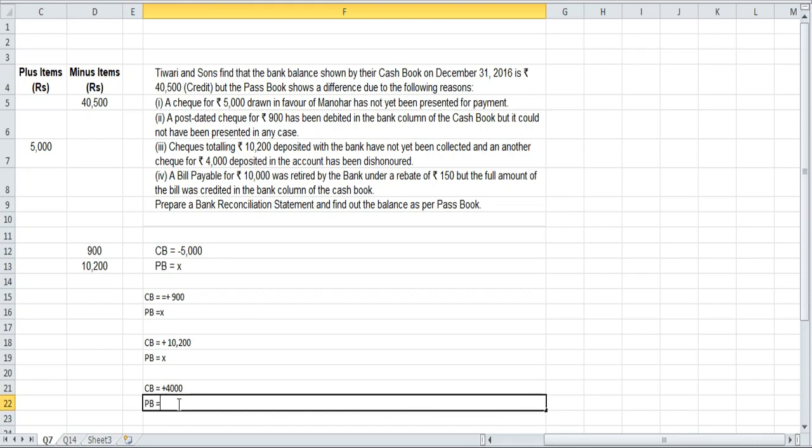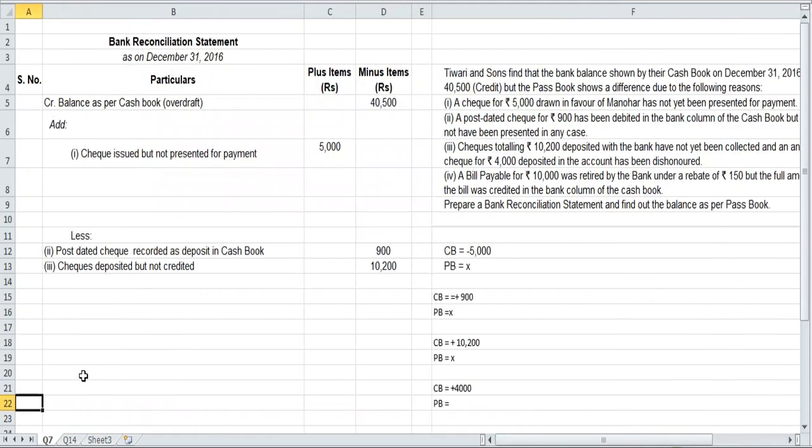From your passbook, they have returned the check, they have dishonored it, and there may be various reasons for dishonor, like your signature is not matching, or you might not have that much amount. So when the bank has dishonored your check, your cash book still shows it as deposit, so your cash book is up, but in the passbook they have dishonored it and given back the check.